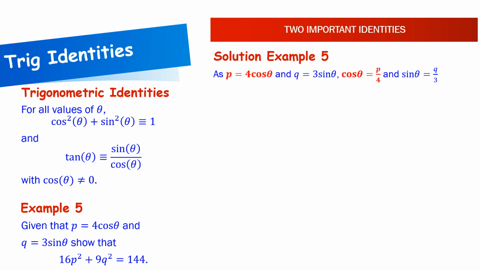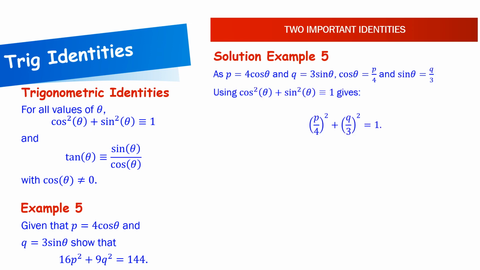Rearranging gives us from one equation that cos theta equals p over 4, and from the other we have that sine theta equals q over 3. And so plugging into the identity cos squared plus sine squared is identical to 1 gives us p over 4 all squared plus q over 3 all squared is equal to 1.